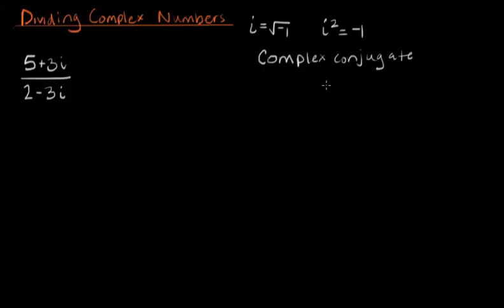Okay, so we know that complex numbers are of the form a plus bi. The complex conjugate is a minus bi.